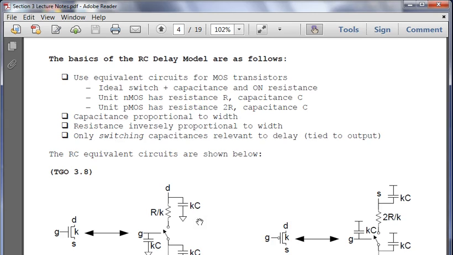So, for example, to preview, let's say we have a 2-input NAND gate, right? So here's our PMOS, here's our PMOS, we have our inputs. Well, we want it to relate to the effective resistance of an inverter as much as possible. Well, what's going to happen is when they're in parallel, it's going to stay the same.